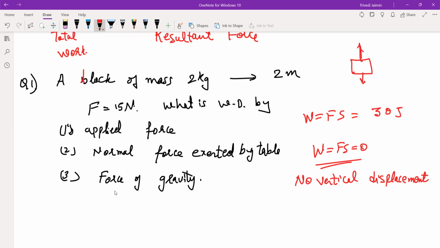Therefore, if there is no vertical displacement, force of gravity is mg, right, sir? That is mg, formula F equals mg. But here also it will be 0 because there is no downward motion or upward motion. Here also force due to gravity is again zero, if normal force is zero.